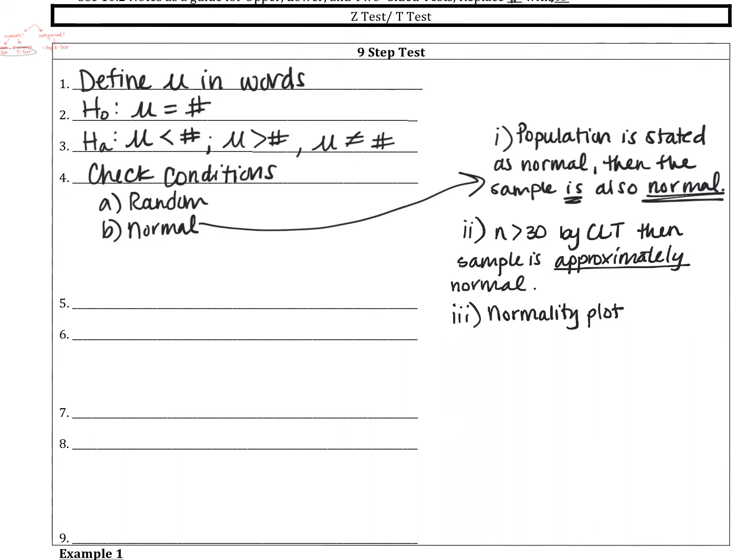And we're not going to get too into what goes into a normality plot right now. Let's just take it at face value. And you can create a normality plot. And if that is approximately linear, then it's safe for us to assume the distribution or the sample is approximately normal.